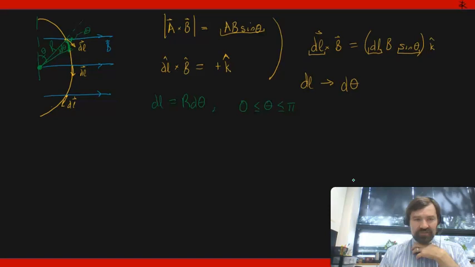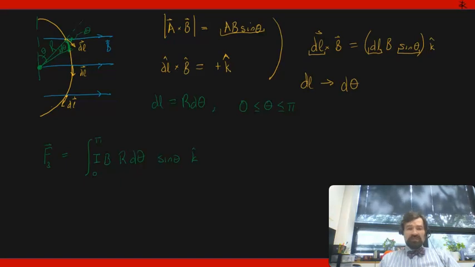Right, so if I put all these things together, what I have is that for this third side, the force must be the integral from 0 to pi of B times dL, so B times r d theta, sine theta.